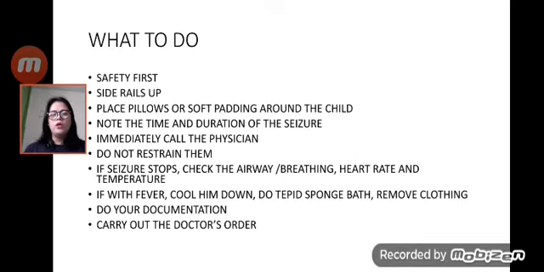Okay, so what would be our nurse's task in encountering this kind of illness or incident? Of course, you need to think first of the safety of the infant.